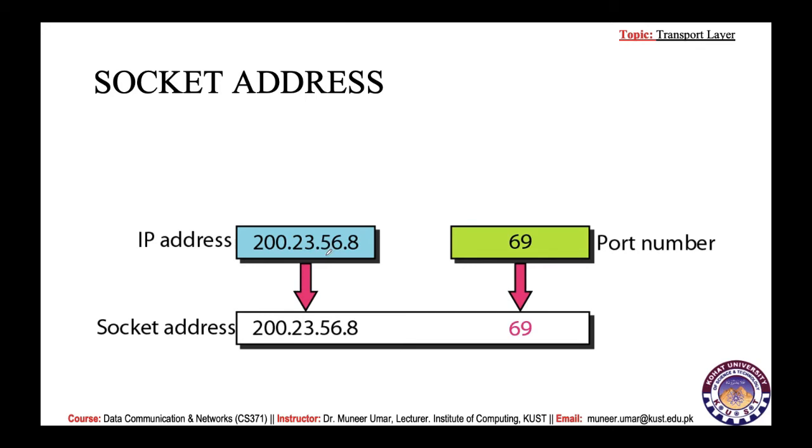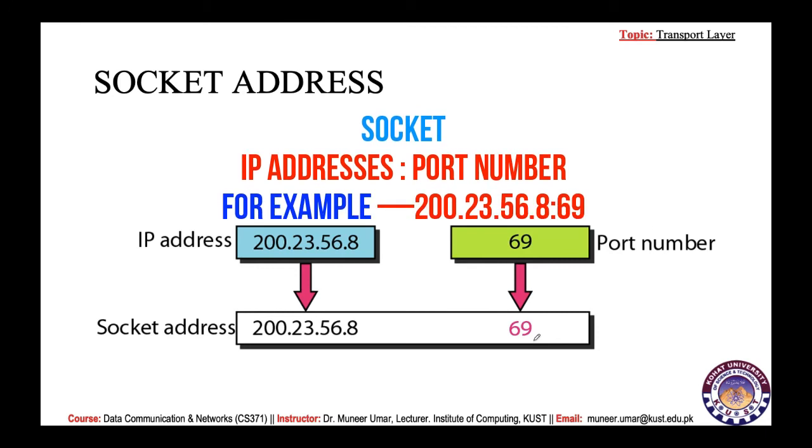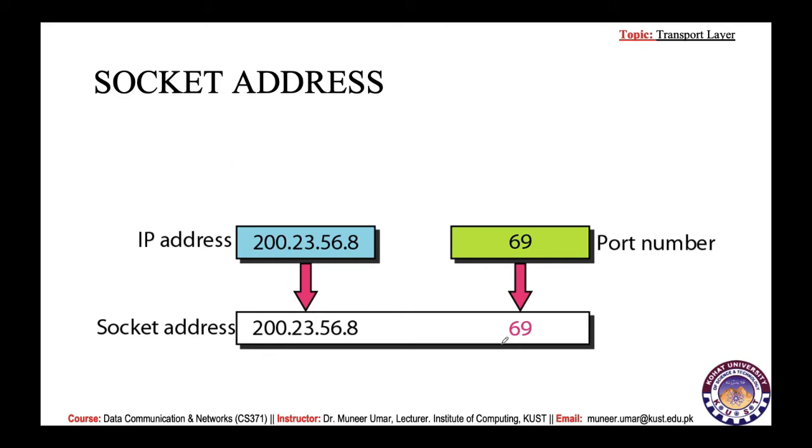Process to process delivery needs two identifiers, the IP address and the port number. So at each connection, we must have these two numbers. The combination of an IP address and a port number is called a socket address.